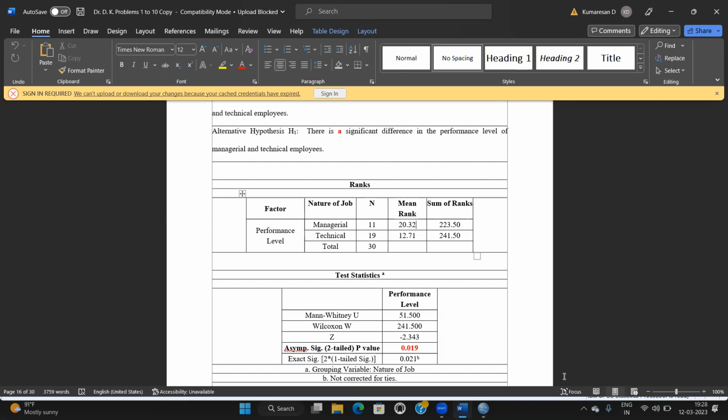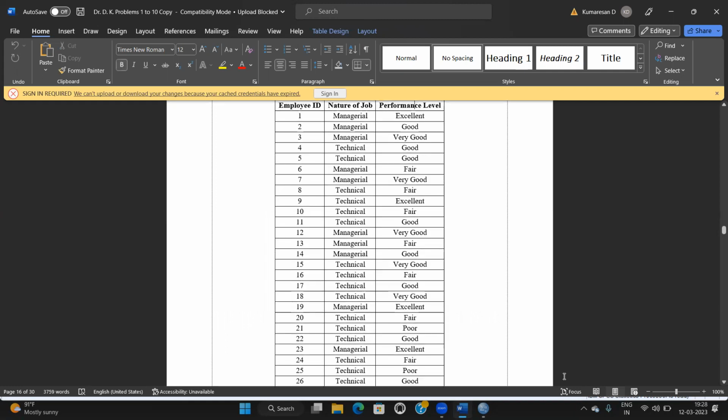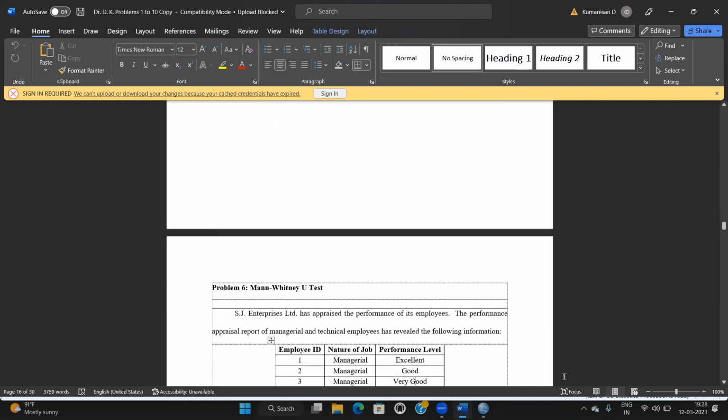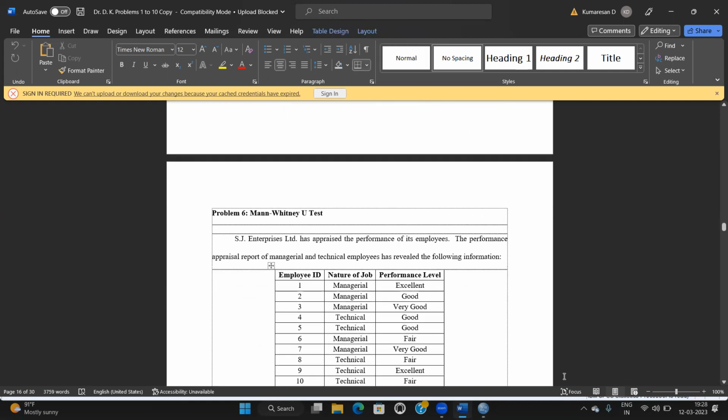So first of all, we got the question. We checked how many samples are there. There are 2 samples. If there are 2 samples, only 2 tests will come to our mind: the independent sample t test and the Mann-Whitney U test.